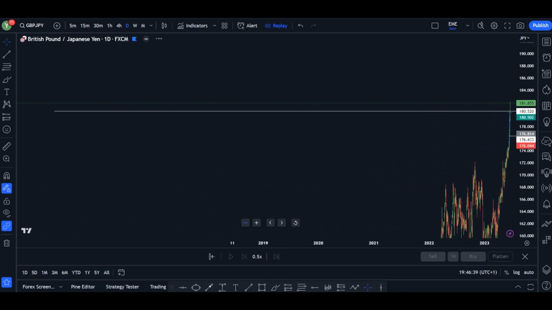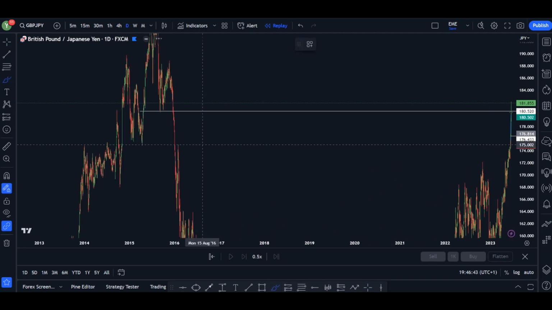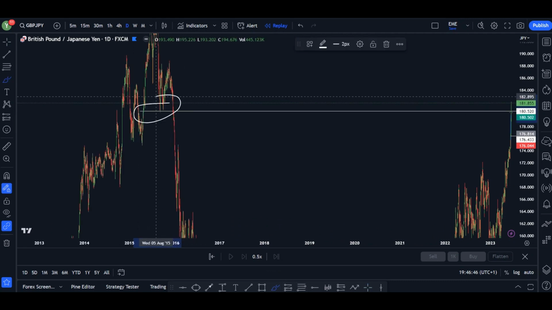So if I zoom out on the daily charts here, on the daily, we're able to see that to the left here, we're having this level as a significant level, and this was where price was pushing towards.